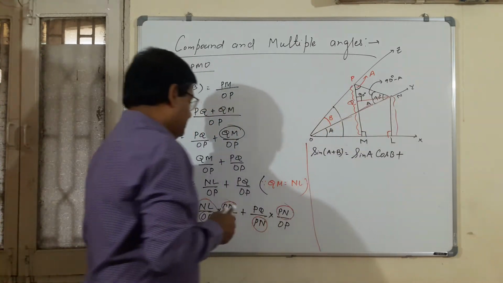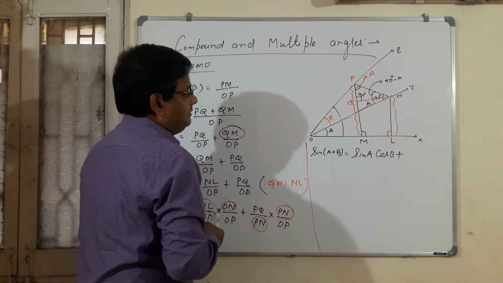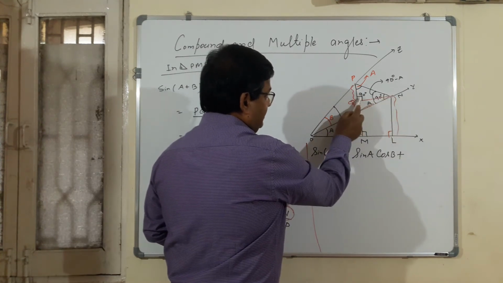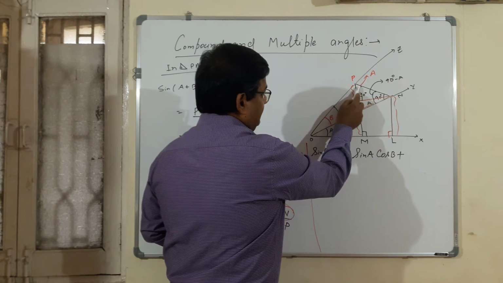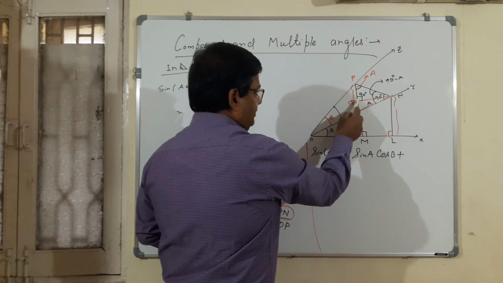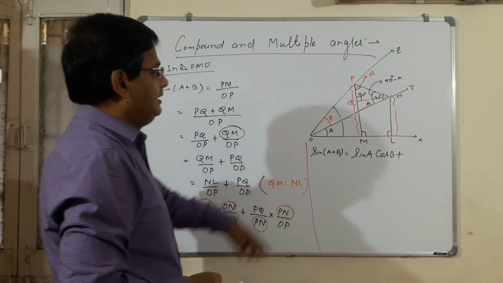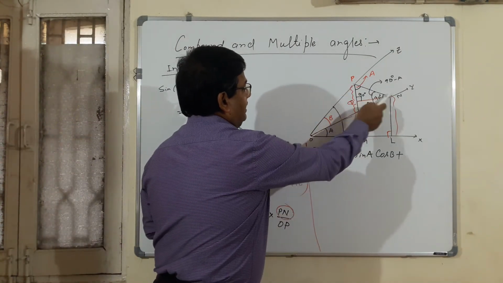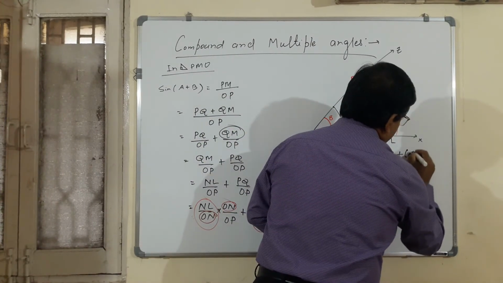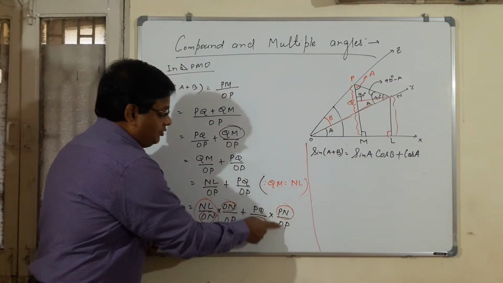Plus, now PQ over PN. So see here, this angle is 90 degrees. So for this angle A, QN becomes the perpendicular and PQ becomes the base and PN becomes the hypotenuse. So PQ over PN is equal to cos A, and here PN over OP.